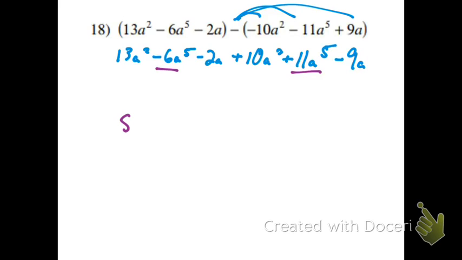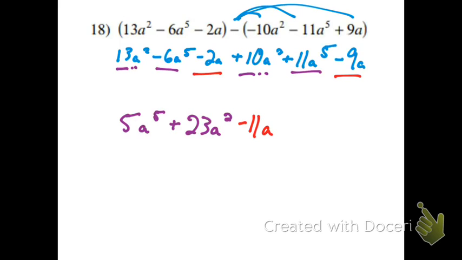Those combine for a 5a to the fifth. Then we look for a squareds. I have two of those right there. So those add up to a positive 23, shout out to MJ, a squared. And then I have two more terms to combine. They are my a's. So this would be minus 11a.